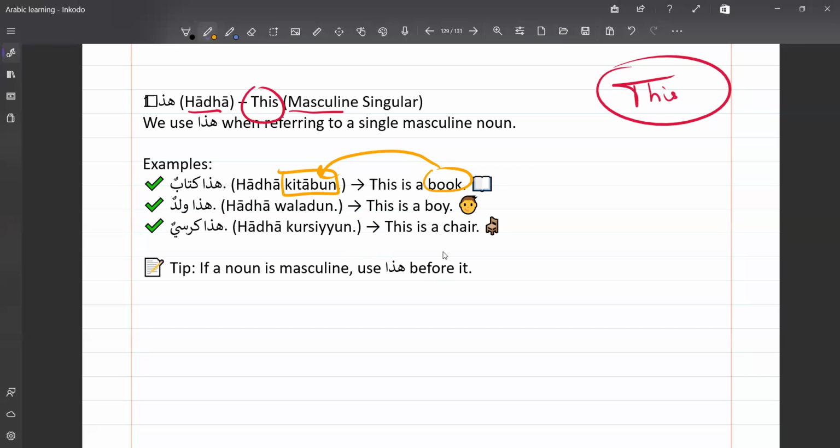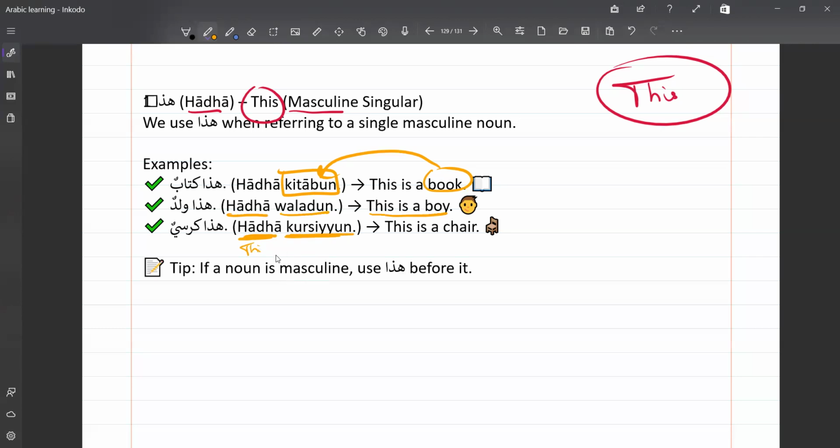Similarly, if I want to say this is a boy, I will say hadha waladun. Waladun means a boy. Or I can just say hadha walad, right? Similarly, if I want to say this is a chair, I will say هذا كرسي. هذا means this, كرسي means a chair.